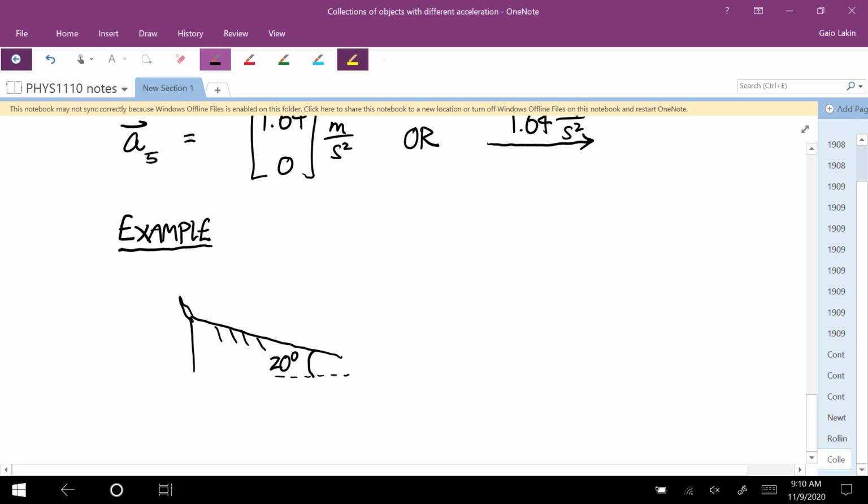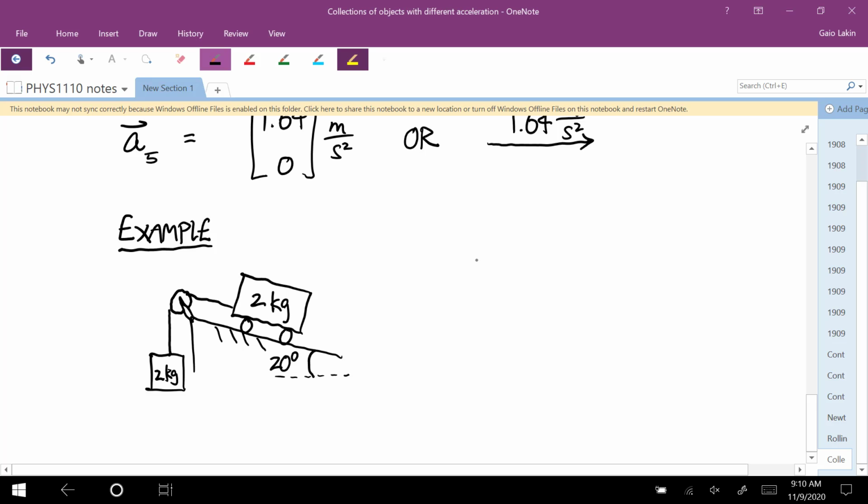And let's say that, again, we have a pulley here connecting a rolling cart to a hanging mass. Let's say that the hanging mass is 2 kilograms. And this one also, I drew it a little bigger, but let's say it's also 2 kilograms.